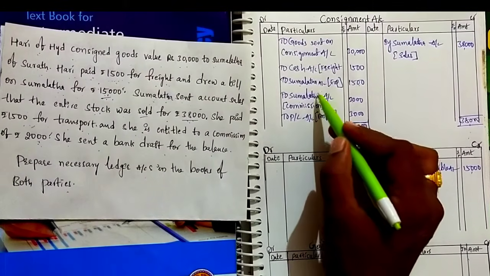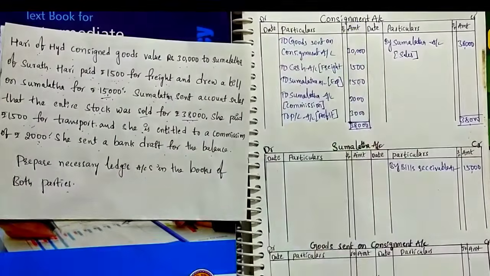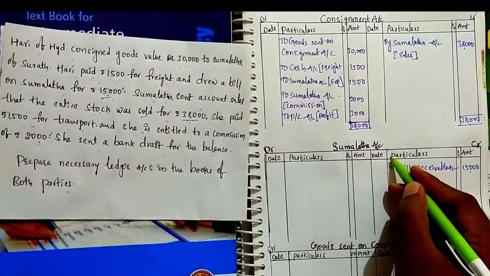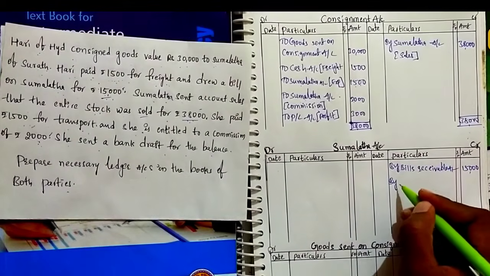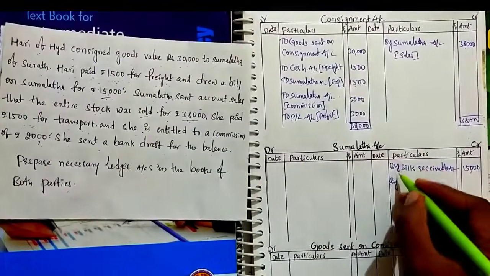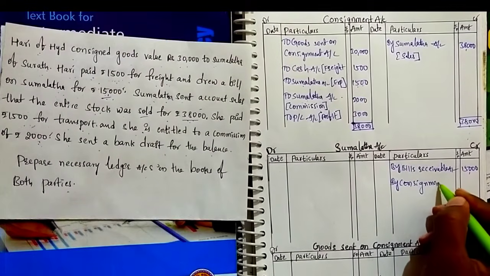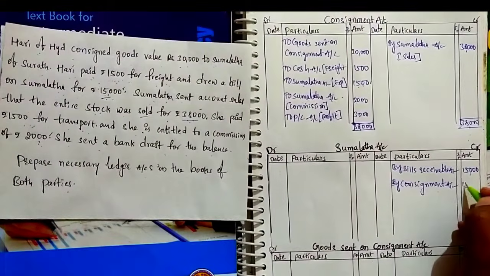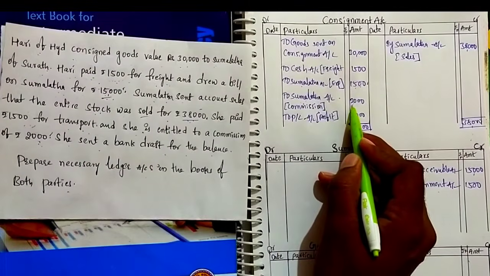Two times we recorded on the debit side of consignment means consignment account debited, this Sumalata account credited. So we are preparing Sumalata account credited here. So we have to write on the credit side by consignment account, 1500 rupees. What is the debit account? Consignment. Next, again Sumalata account credited with 2000 rupees.